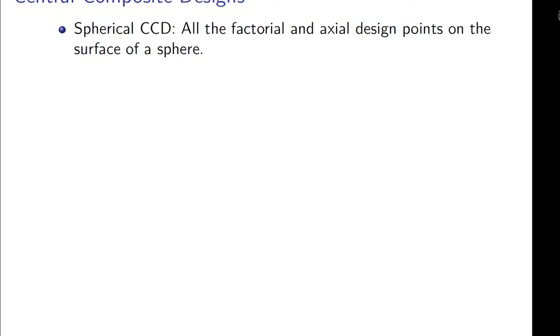If you have 3 dimensions or higher, we're talking about spherical central composite designs. If it's a spherical design, that means that all the original factorial runs and the axial runs are on the surface of a sphere. Now, we didn't do that in the 2 examples that you've seen. The axial runs were further off the faces of the cube.